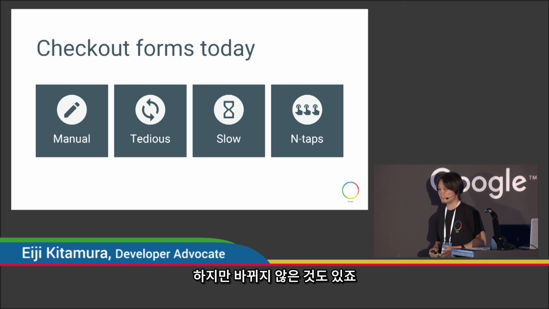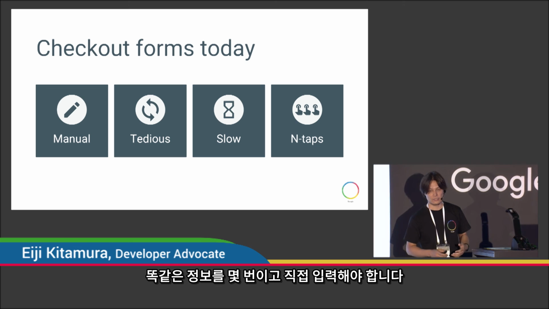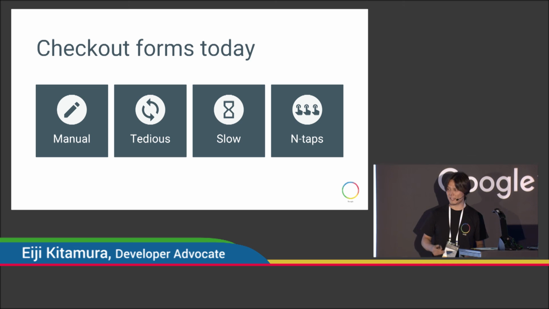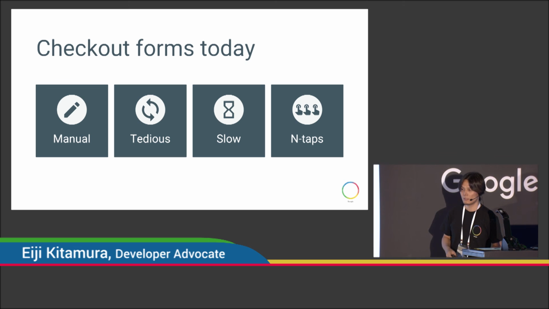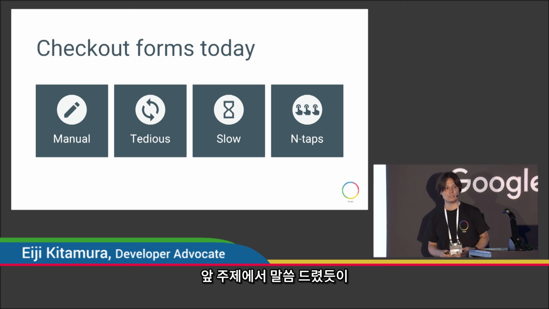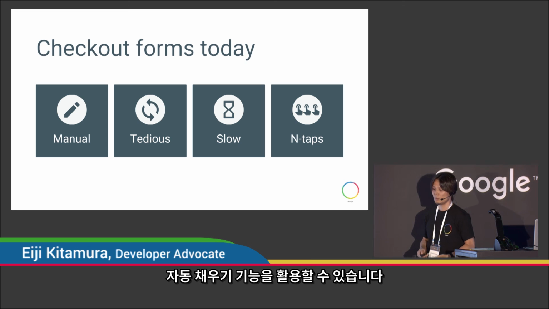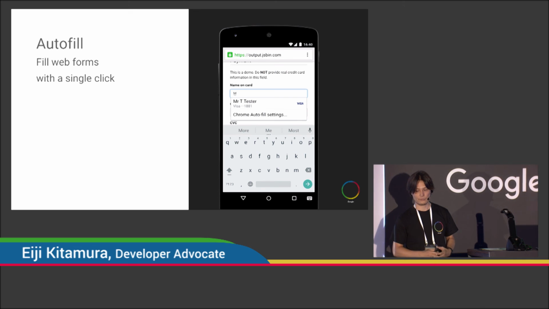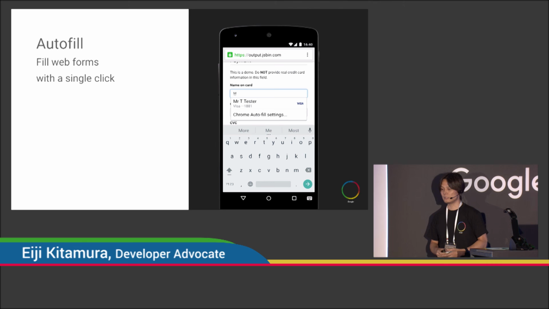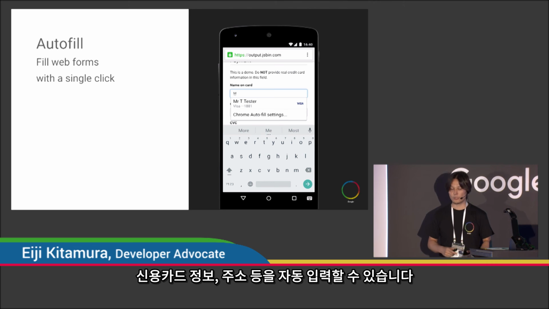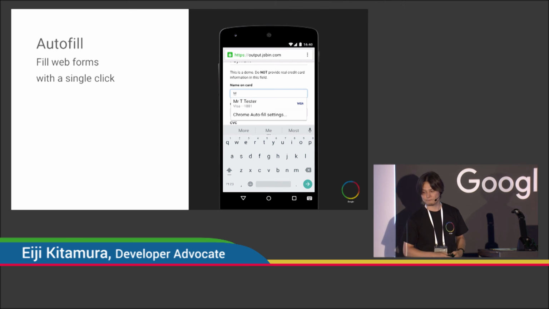But what hasn't changed is that we have to manually input the same information again and again, like credit card, billing address, and shipping address. And as I mentioned earlier in the previous topic, you may use autofill for this purpose. Using autofill will help fill in credit card information, the address, and so on.